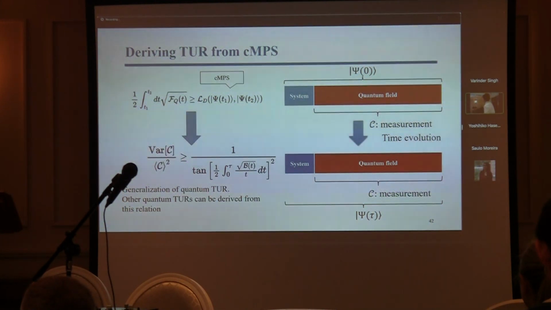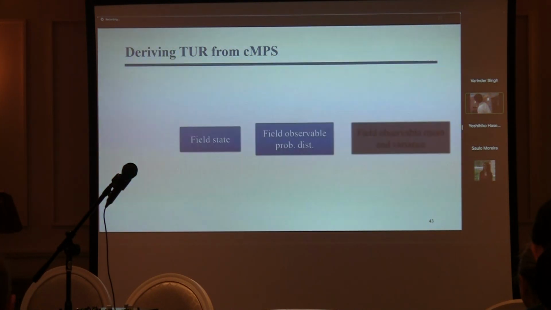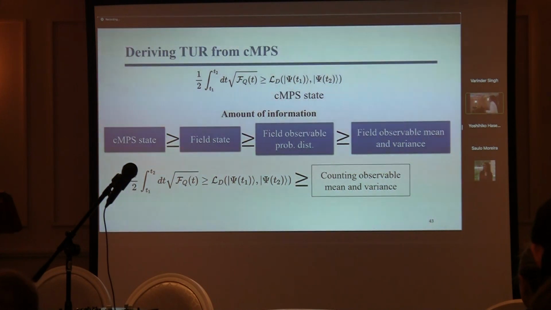So next, derive the TUR from the time evolution of the CMPS. So we have this geometric QSL, and now we are interested in the field state. This is essentially the same, but with some difference, because it is almost impossible to obtain the field state.